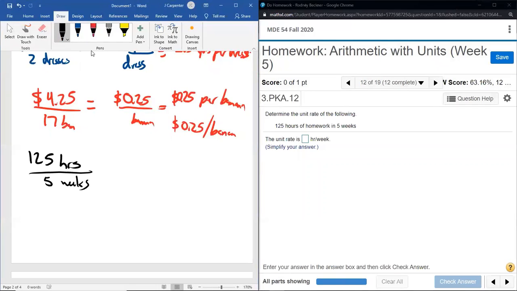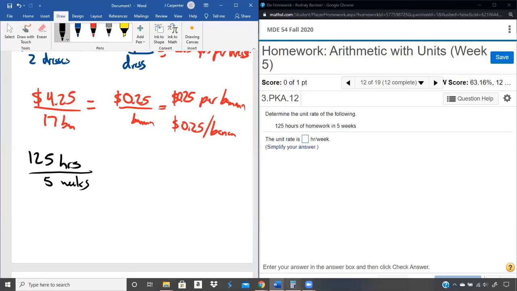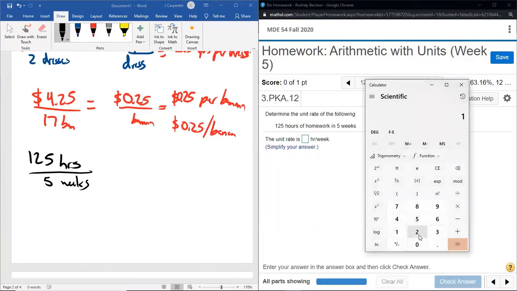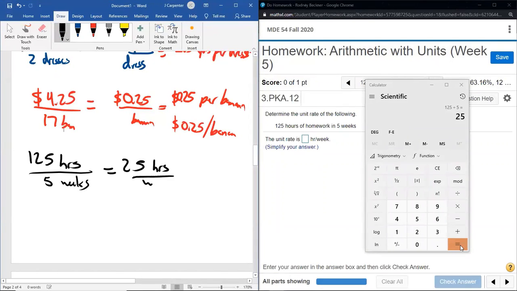Well, 5 clearly goes into both of those, and you can show that reduction, or you go, well, Mr. Beckner said I can have a calculator. I'm just going to use the calculator, and you do 125 divided by 5, and you get 25. So 25 is our answer? Nope. 25 hours per week.